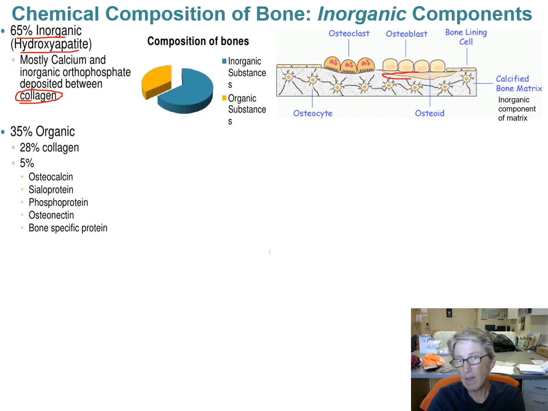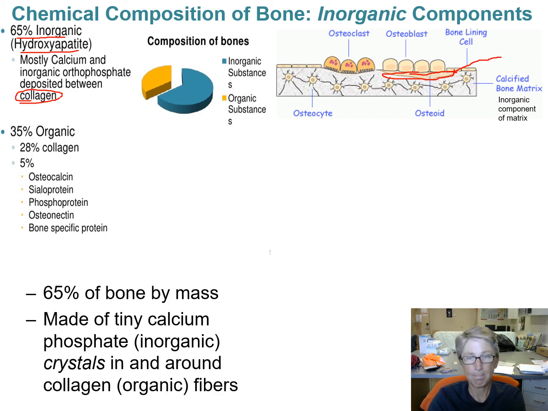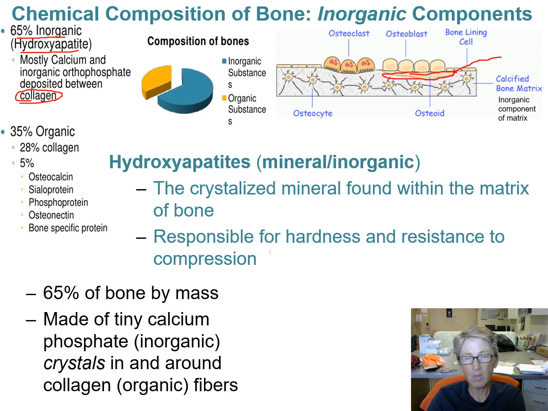So remember, you lay down the osteoid, that's the organic component that's got collagen in it, and then you'll calcify that osteoid with calcium and phosphate, and then you'll get a hardened bone. So hydroxyapatite is the mineral or inorganic component of bone, and it is responsible for the hardness of bone and also the resistance to compression of bone.